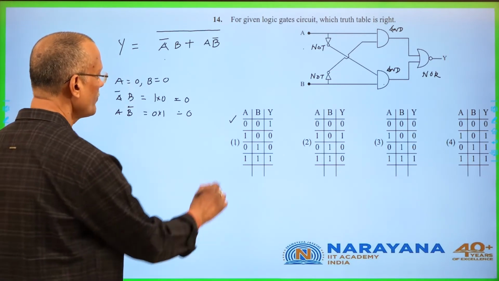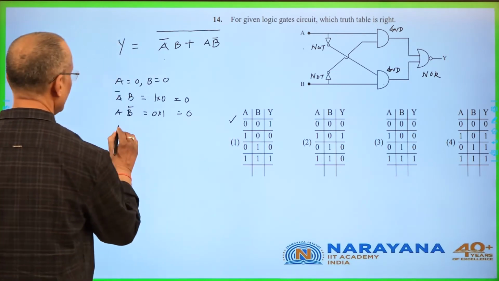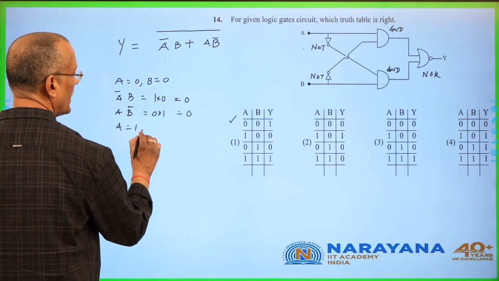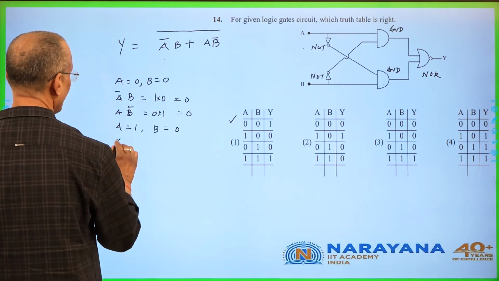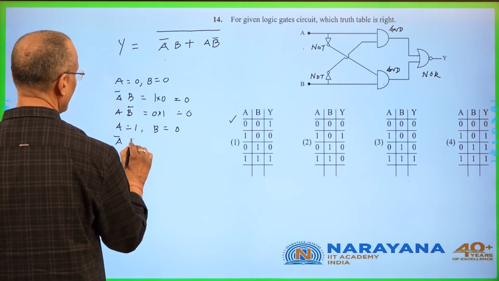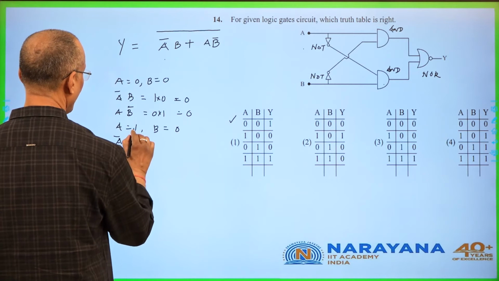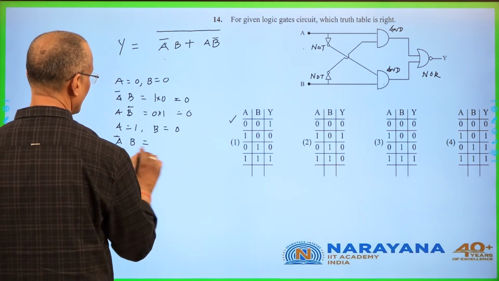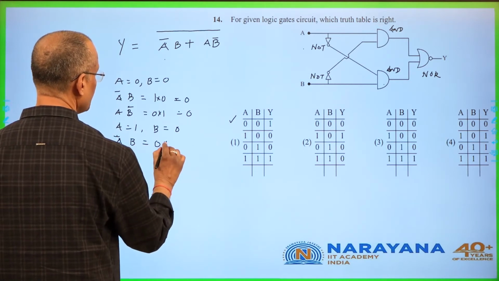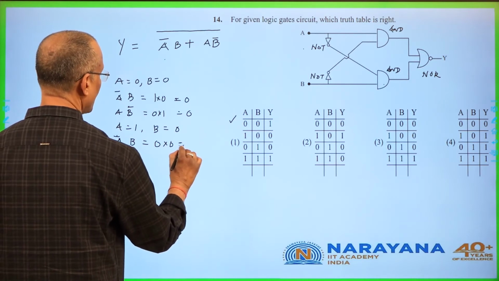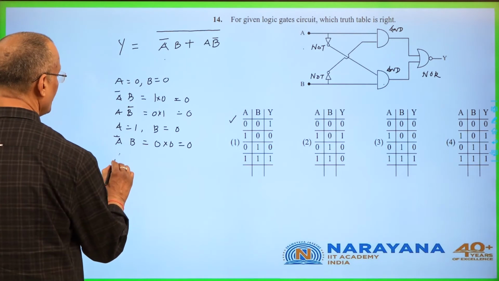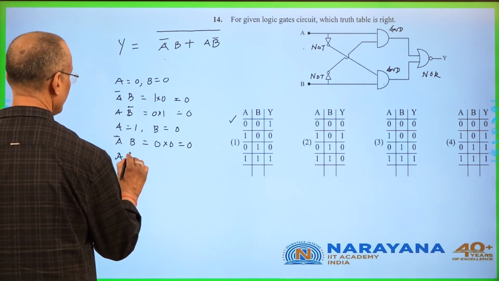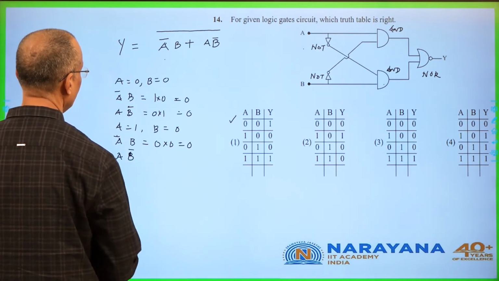Now you go for 1, 0. Now I am taking A1 and B0. Then what will be there? A naught B will be 1 naught, 0, and already B is 0. So you are getting 0. And I want A B naught.